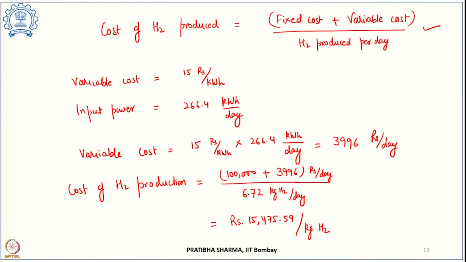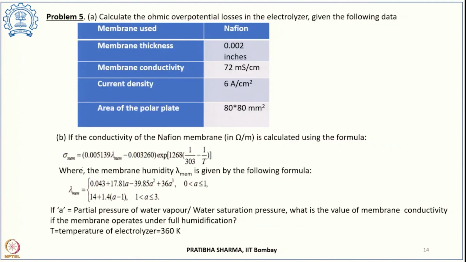Now, let us see another problem which states that the ohmic over voltage losses we need to calculate for an electrolyzer. So, the over potential which arises due to ohmic losses in the electrolyzer, provided that we are given the details about the membrane.